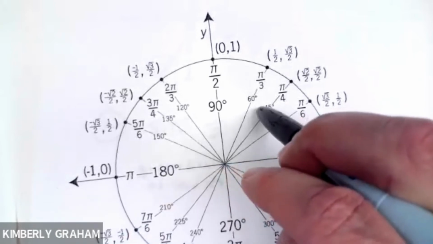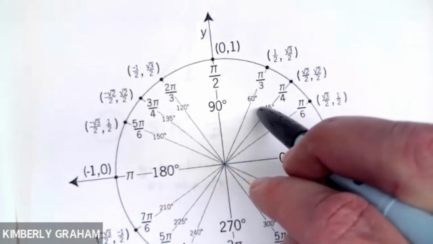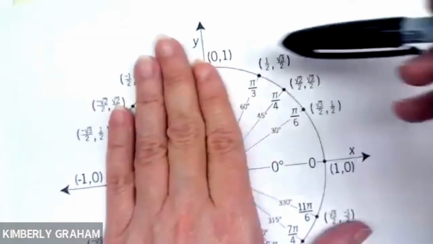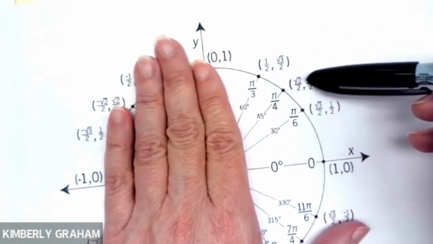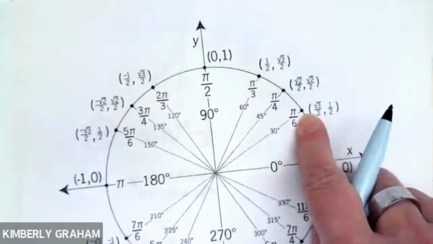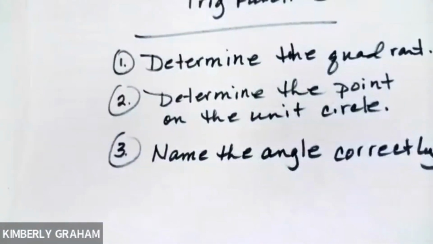I've already said that 1/2 was dealing with my y coordinate. So if I'm looking for my y coordinate to be 1/2, it's this point right here. Right? So that's my second step, to determine the point on the unit circle.